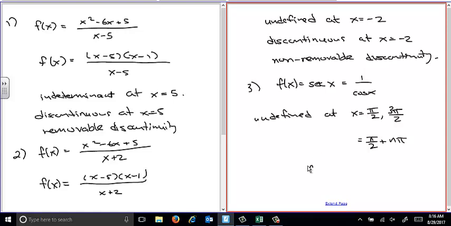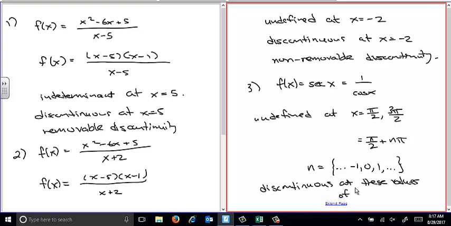So n is the set of all integers, from negative infinity to infinity. So you can have n be a negative number or a positive number, so that gives you an infinite number of discontinuities. So it's undefined and it's also discontinuous at these values of x, and it's also a non-removable discontinuity.